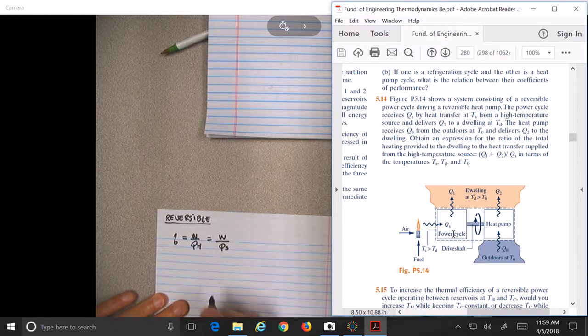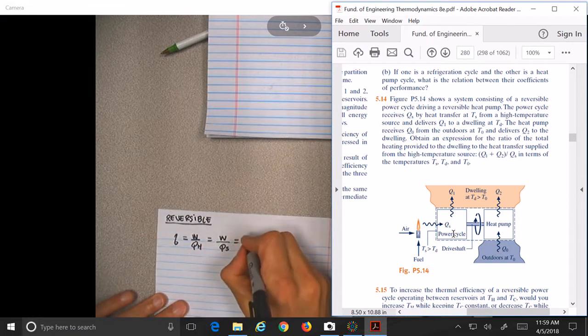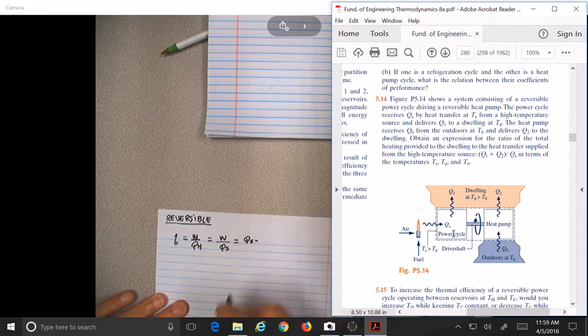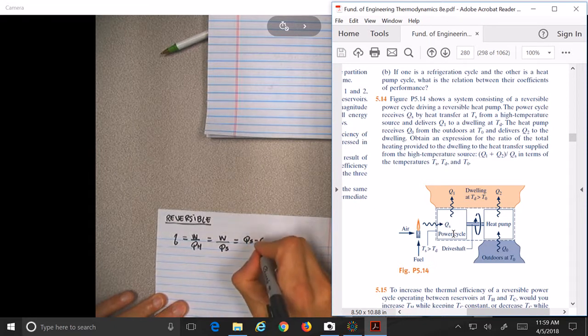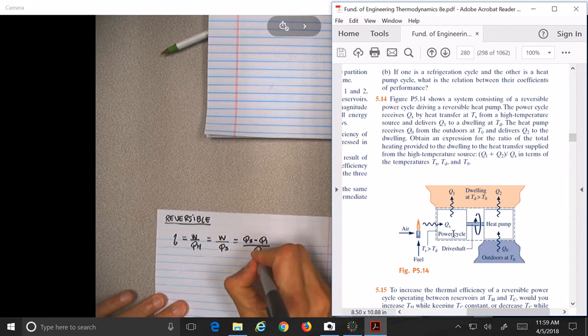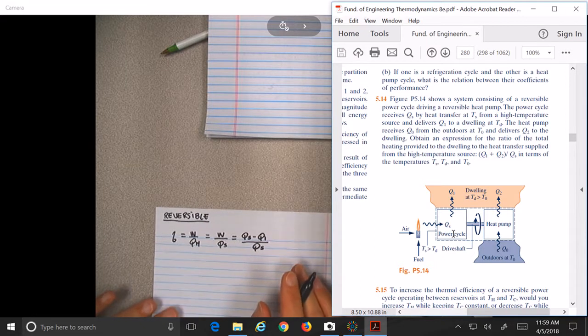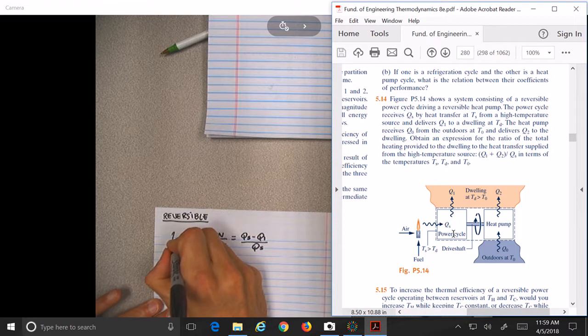Qs, no? And the work here will be equal to what? Qs minus Q1, no? The hot minus the cold. Yes? Okay, that's what I'm thinking. So I'm thinking this about the first one. So this will be the power.